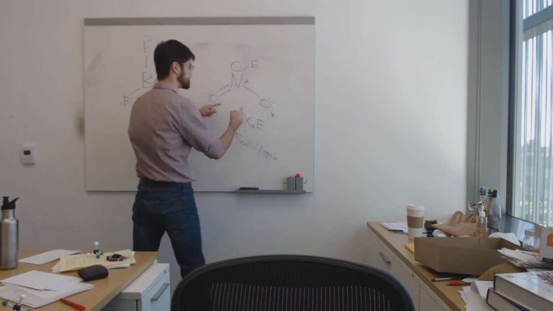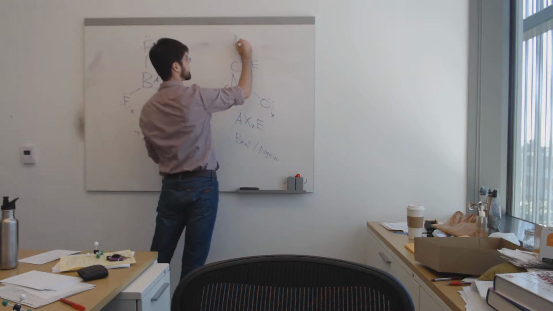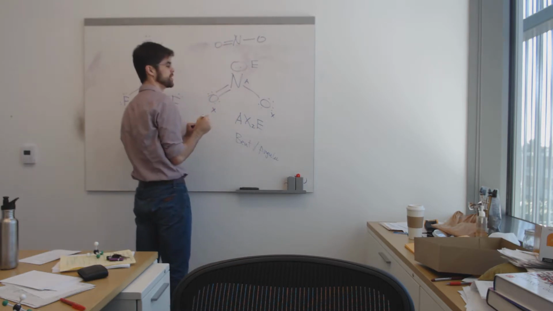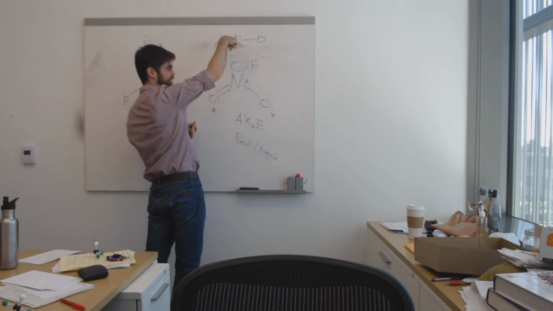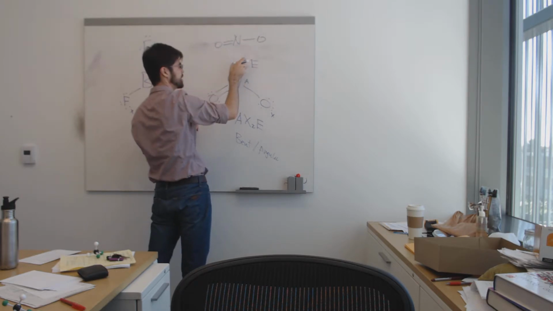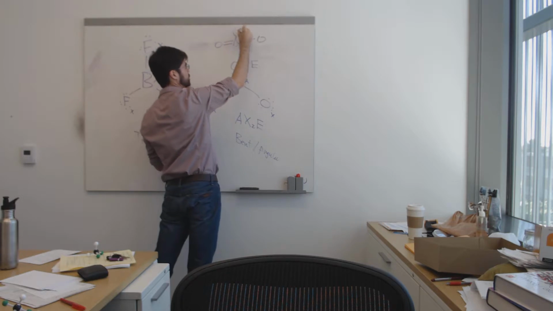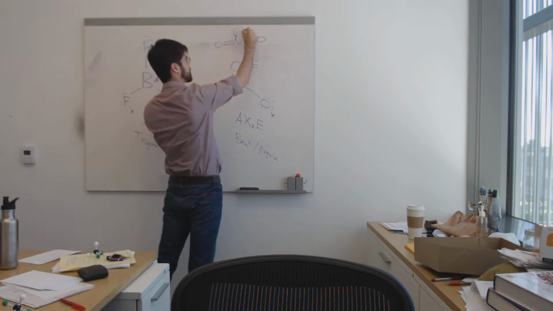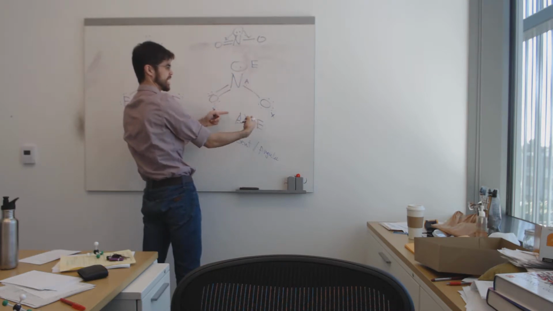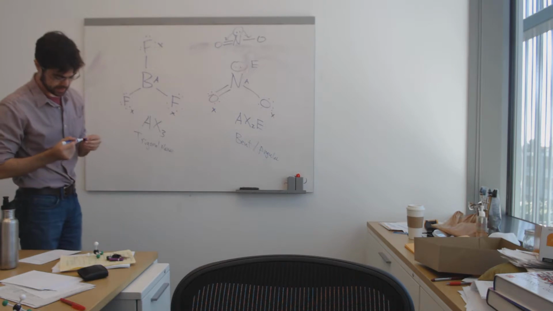It's called bent because it would have two atoms attached to it, and so you might naturally try to draw it like this, which would make it look linear, just a straight line, 180 degrees. But then you tack on a lone pair of electrons, and those lone pair of electrons repel the electrons in these bonds and bend them down from a linear form into a bent form. Hence why it's called bent.